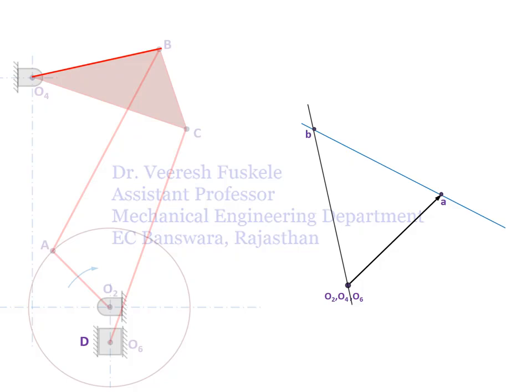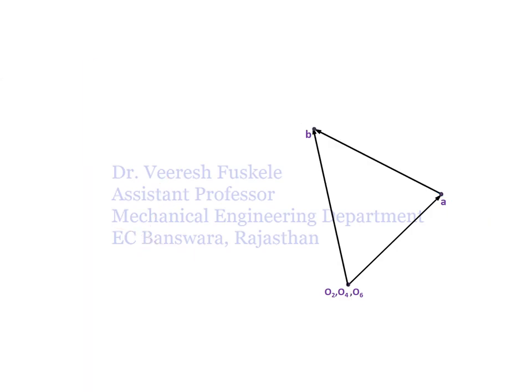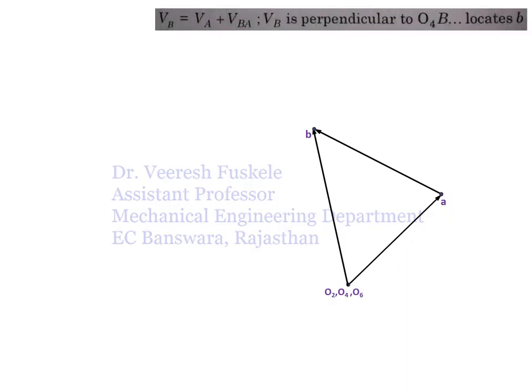And also we get the velocities of the links AB and O4B. Sense of the velocity of point B will be according to the relative velocity, as the velocity of B will be equal to velocity of A plus velocity of B relative to A.